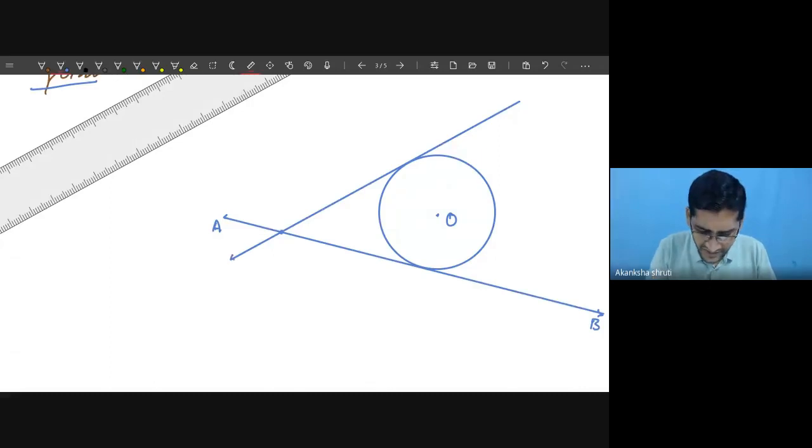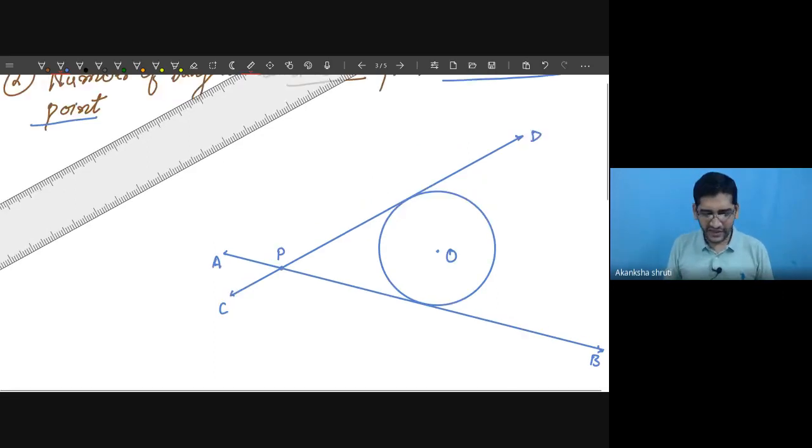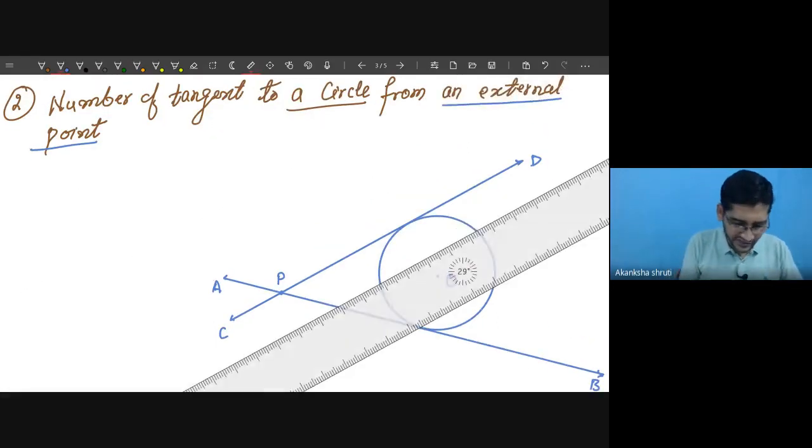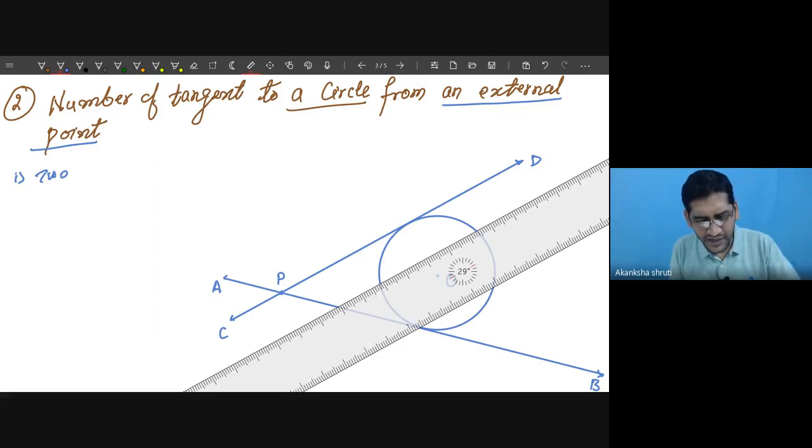So let us call this C and D. And the external point that we have considered is our P. So what we are observing is that there can be two tangents. So write it point-wise. The first point is two tangents possible.